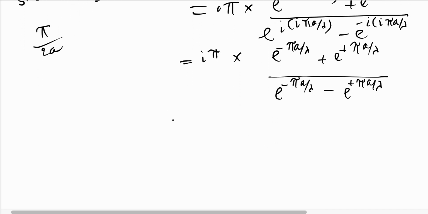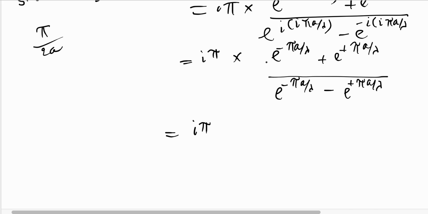Right, now you can do the following. It is basically nothing, so one can do these things. These can be written simply if we multiply both sides with e to the power pi a by lambda, up and down.